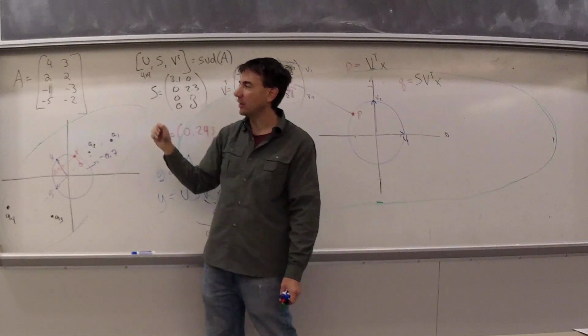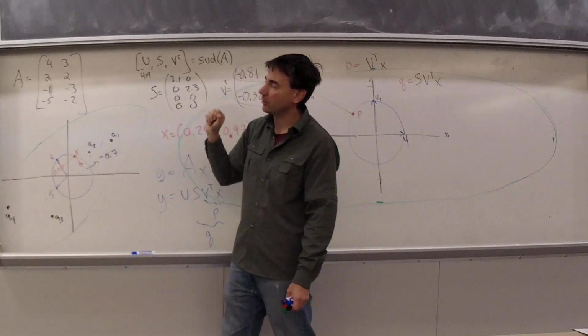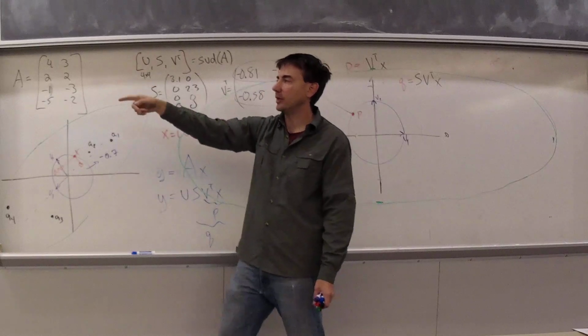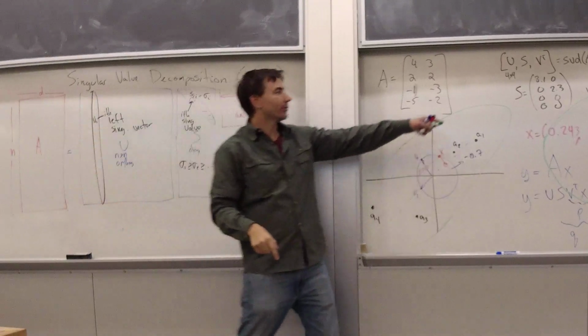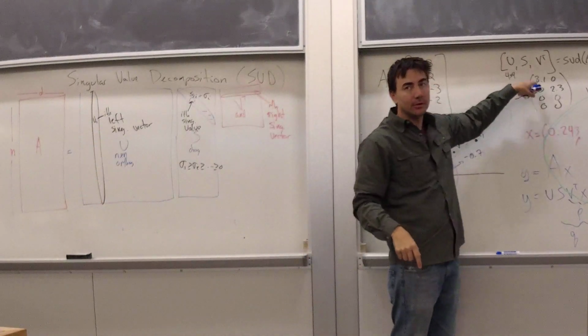That's the contribution of this row here, and the first element of that row tells you how much is associated with the first singular value.